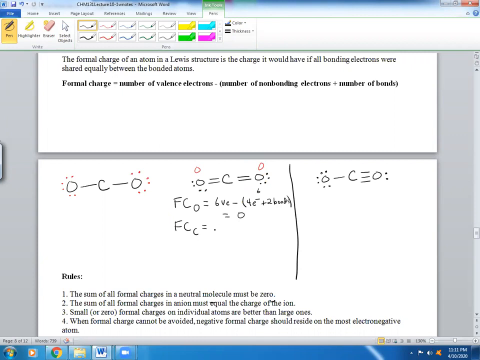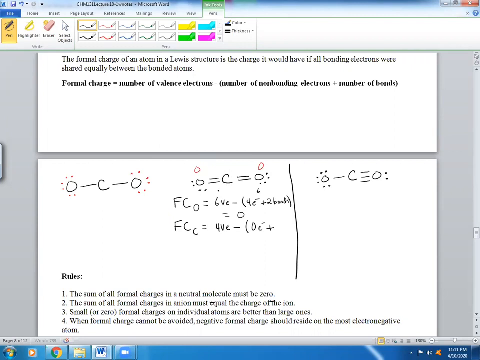C has how many valence? 4 minus, let's open parentheses here. How many non-bonding electrons does it have? Does it have any lone pairs, or how many? We have no non-bonding electrons, 0.